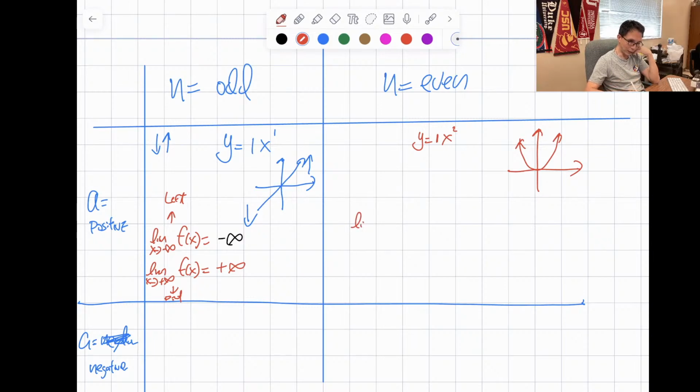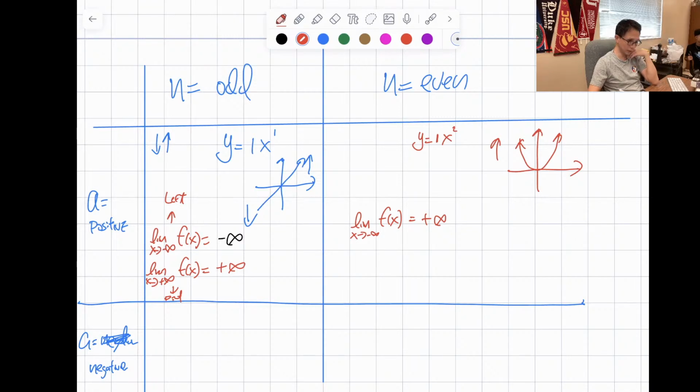I'm going to start on the left first. How do I say left? x approaches what? And f of x, that means the function is equal to what? Not negative infinity. Positive infinity, because it's going up. Look, on the left side, it's going to go up. Does that make sense?